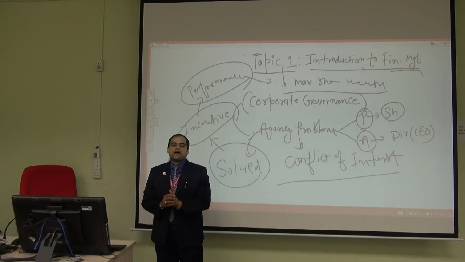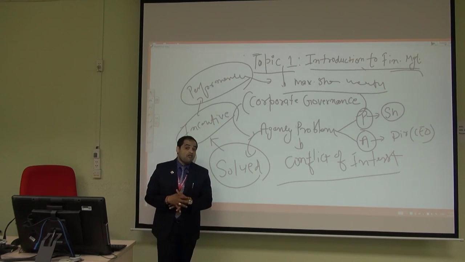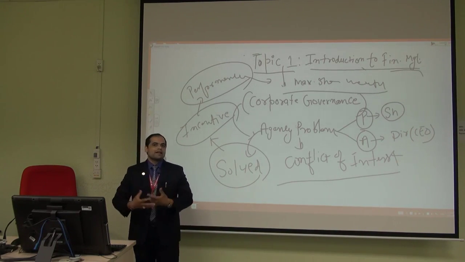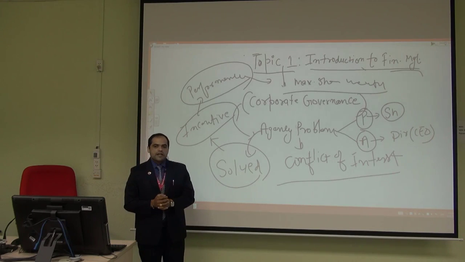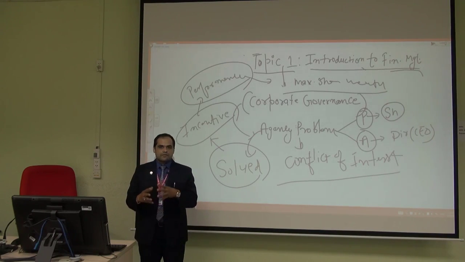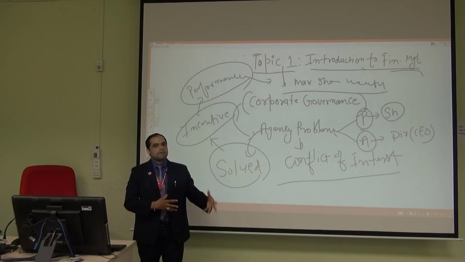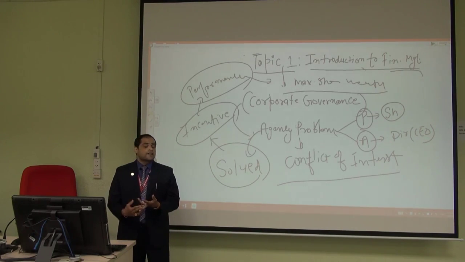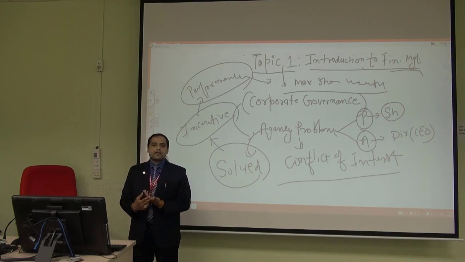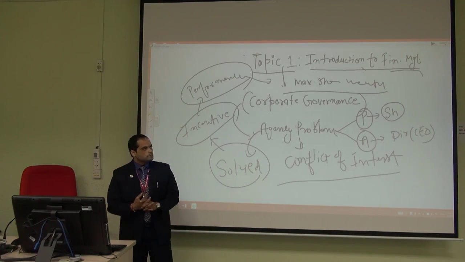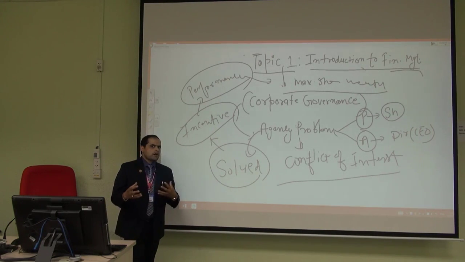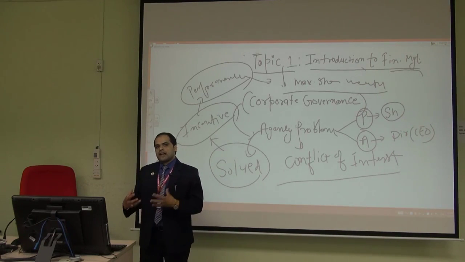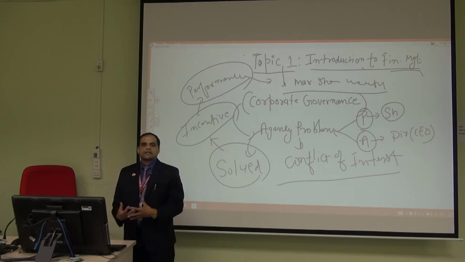Later on, we talked about the goal of the firm, or goal of the organization, which is maximizing shareholders' wealth. Then after that, business ethics. We talked about different kinds of unethical behavior, including creative accounting, earnings management, insider trading, fraud, bribery, and so on. Then we talked about the relations of finance with accounting and economics.